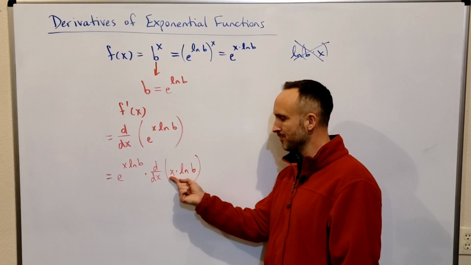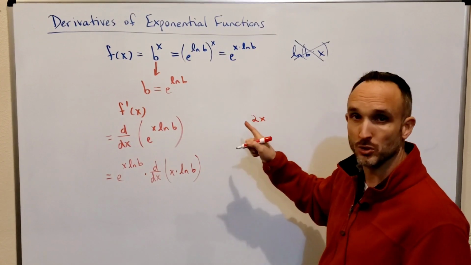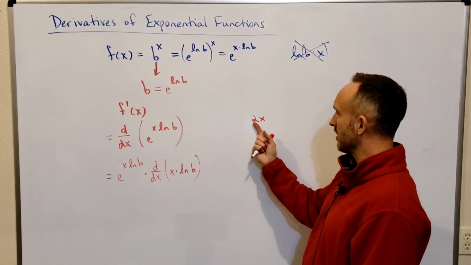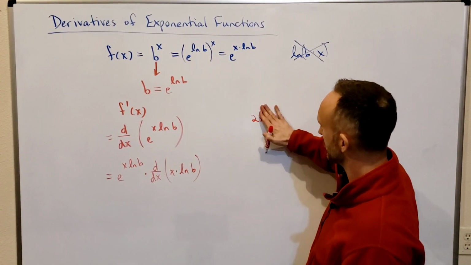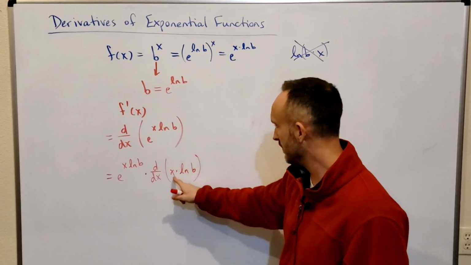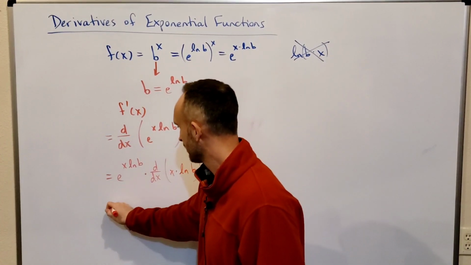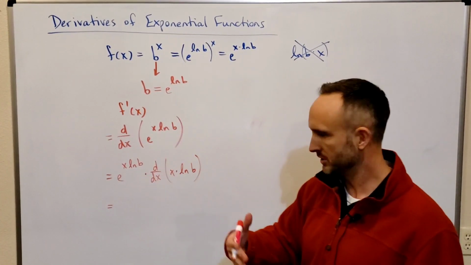If I differentiate 2x, I just get 2, right? If you differentiate a constant times x, the x just goes away and leaves behind the constant. So here, the constant stays and the x goes away. It's just basic power rule stuff, okay?